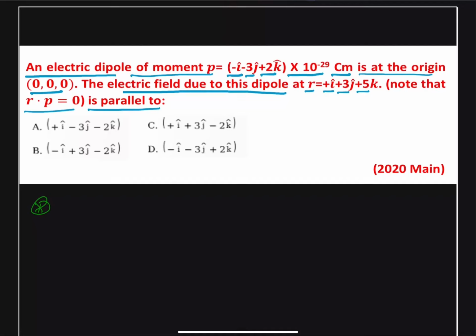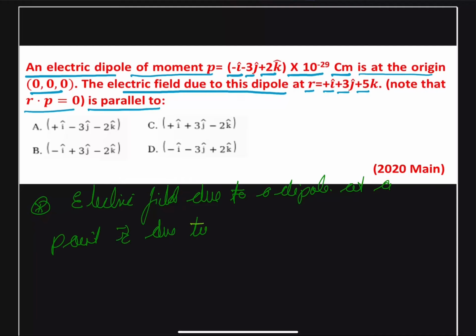So we can say that the electric field due to a dipole at a point R, due to a dipole P at the origin.